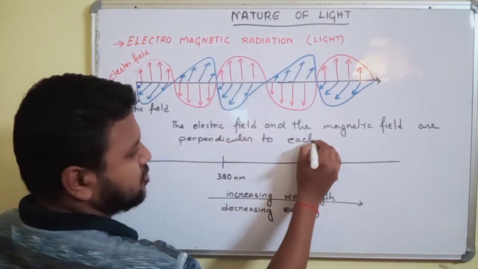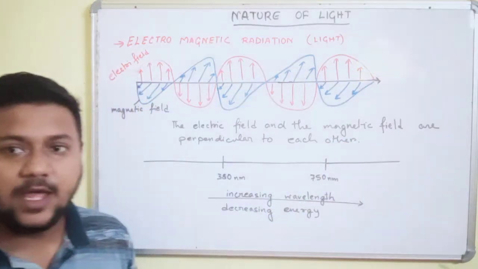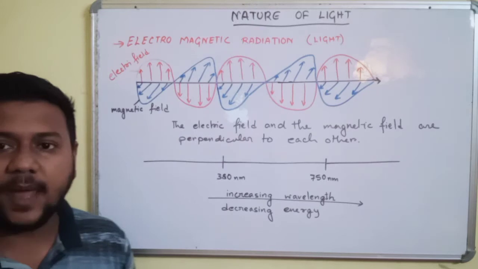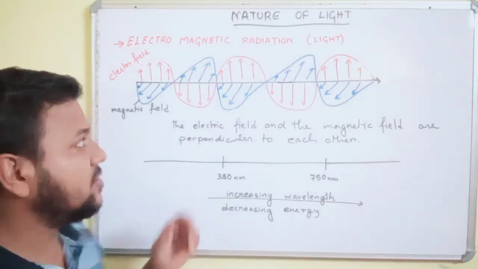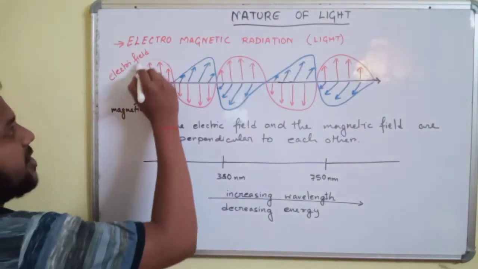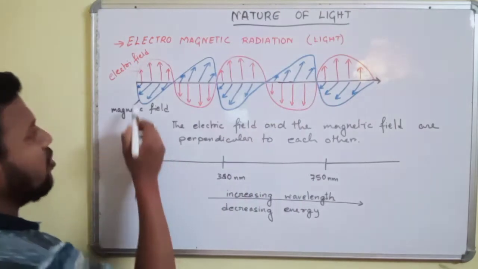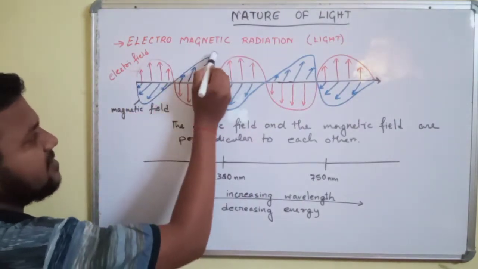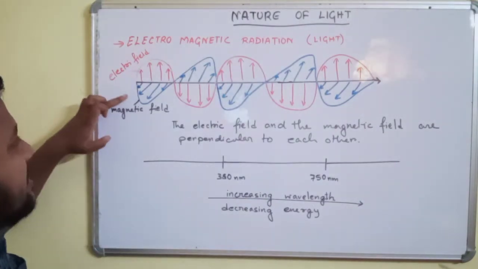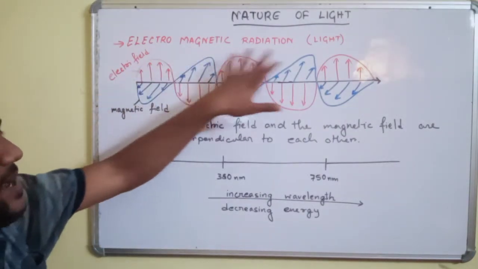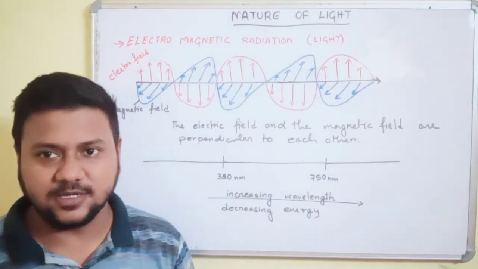So when we talk about light as a wave, light is an electromagnetic radiation, where in an electromagnetic radiation we will observe a particular electric field. Along with it we will observe another field which is the magnetic field. Now the electric field and the magnetic field, in case of electromagnetic radiations, are perpendicular to each other.